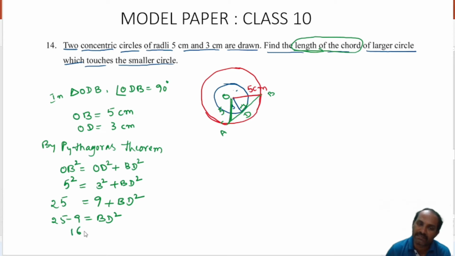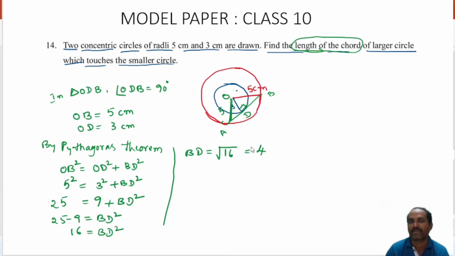So BD is the square root of 16, which is 4, plus or minus 4 actually, but since it is a length we take only the positive value. BD is 4.